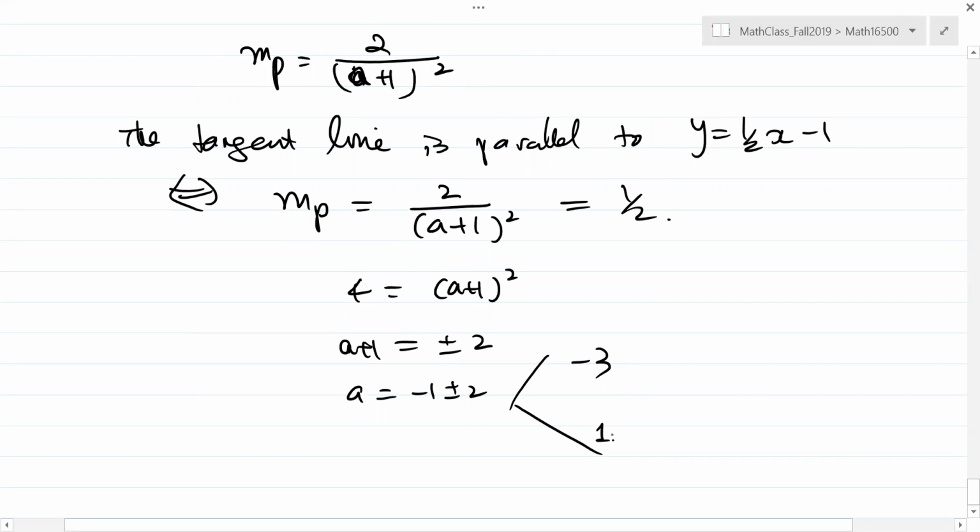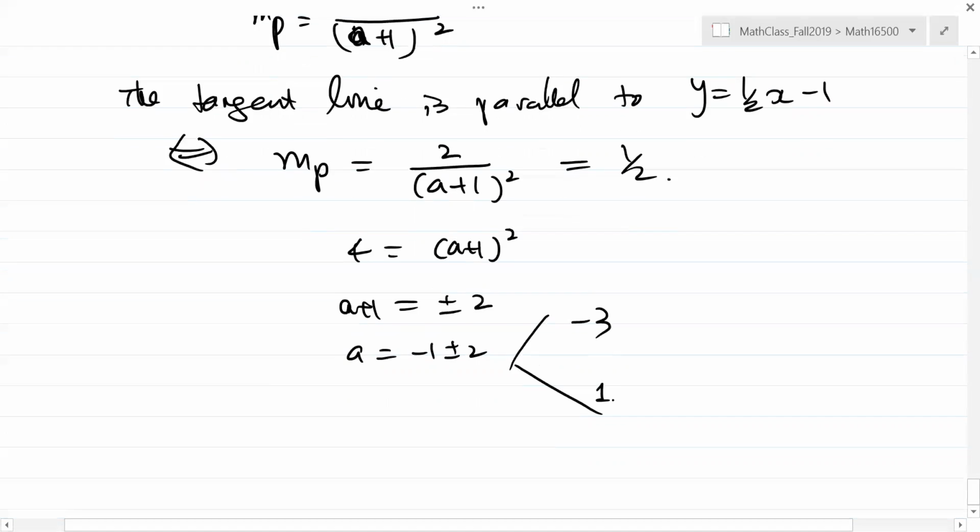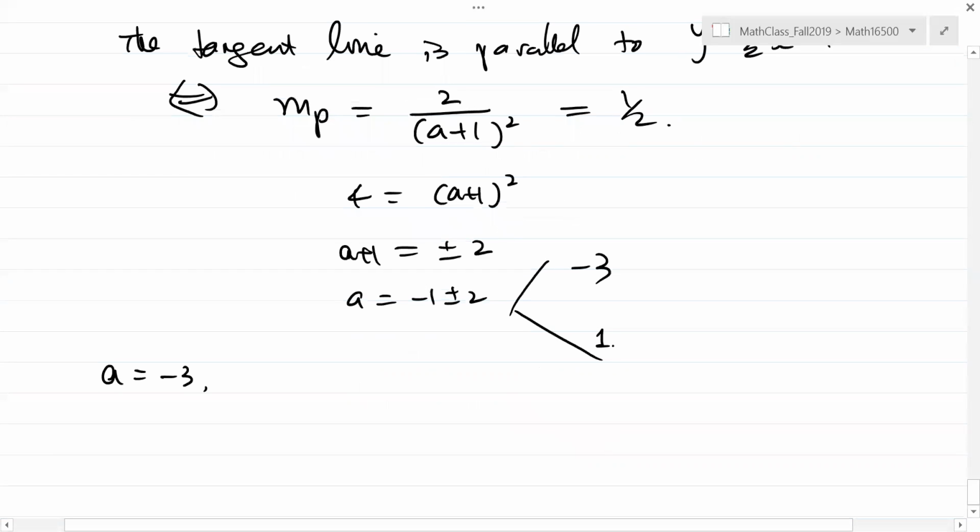All right, so you find the point. What do you have? You find the equation. Yeah, so you have to find the equation of the tangent line. You already found the slope. Okay, so when a equals negative 3, this is a, right?